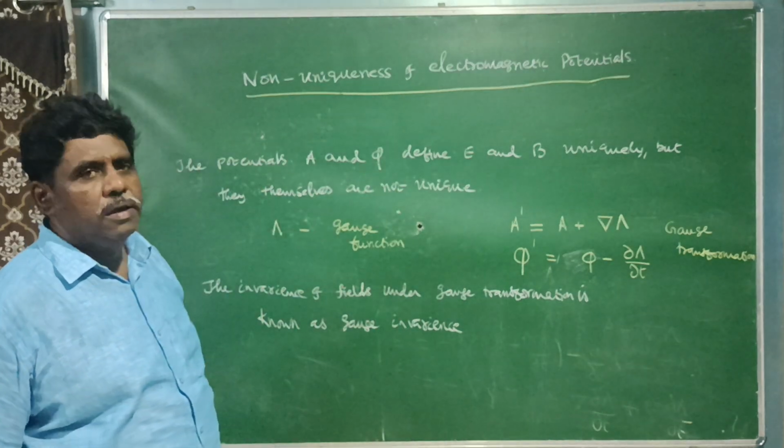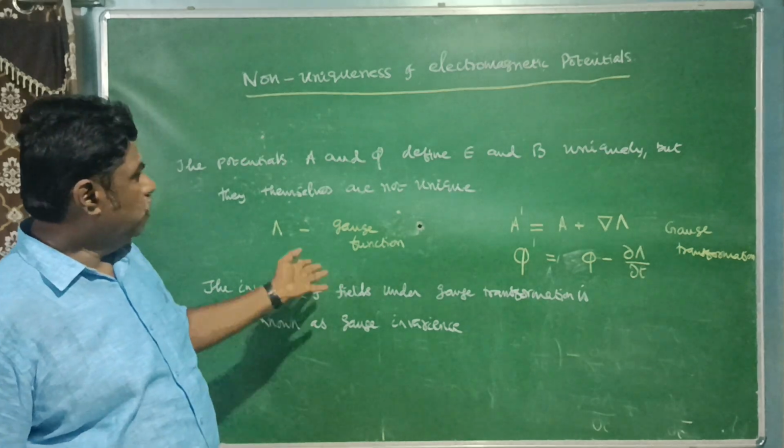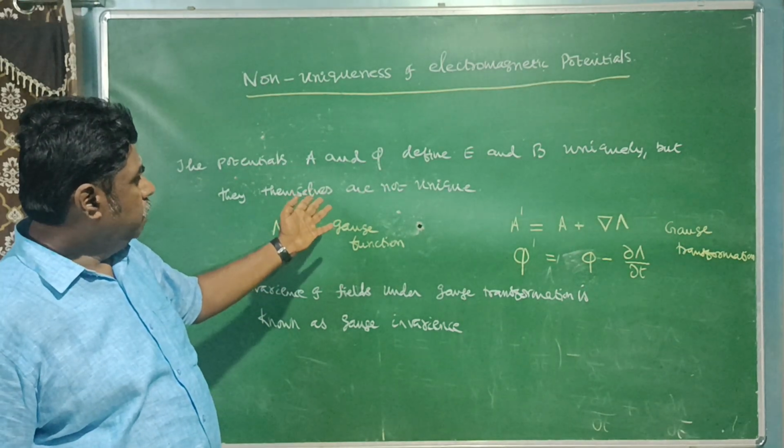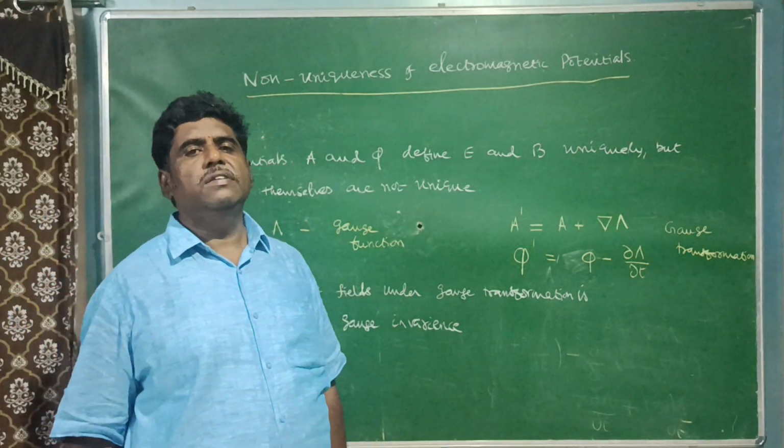This is called the concept of gauge. The invariance of field vectors B and E under gauge transformation is known as gauge invariance.